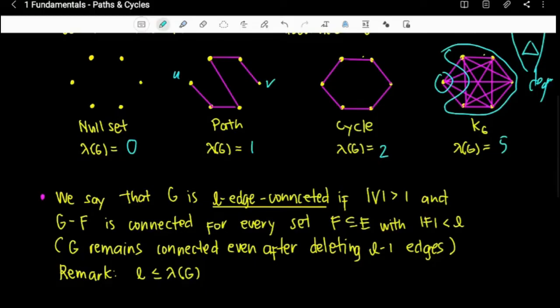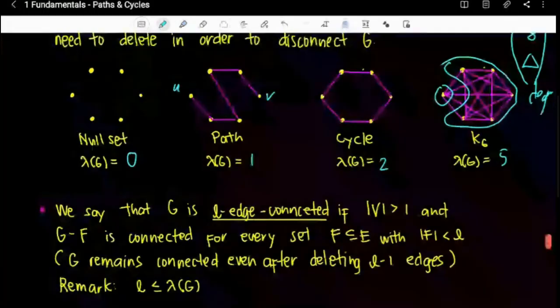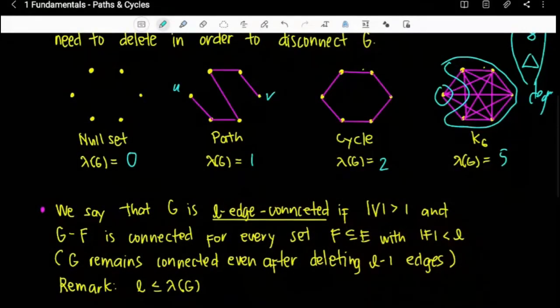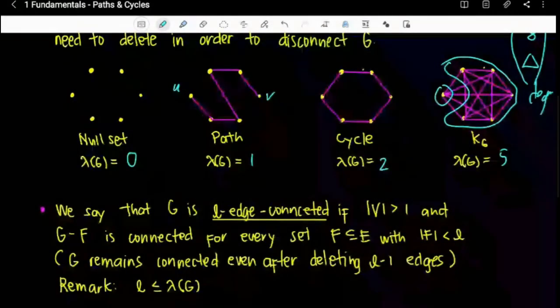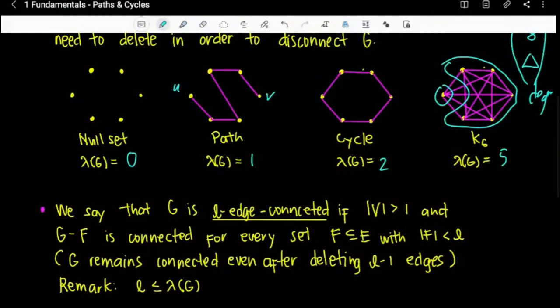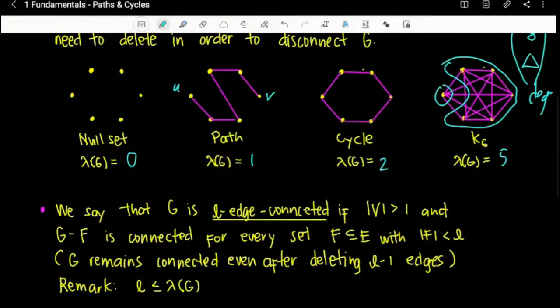Ulitin natin. Yung L-edge connectivity natin is the number in which pag mas konti yung tatanggalin mong edge, connected pa rin yung graph. So for example, yung cycle natin, it's 2-edge connected. Ibig sabihin, kung magtatanggal ako ng isang edge lang, connected pa rin yung graph. Pero kung magtatanggal na ako ng dalawang edge, posible na siyang maging disconnected.